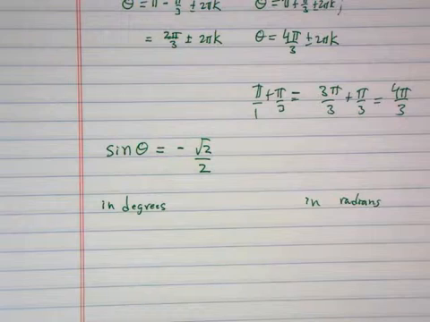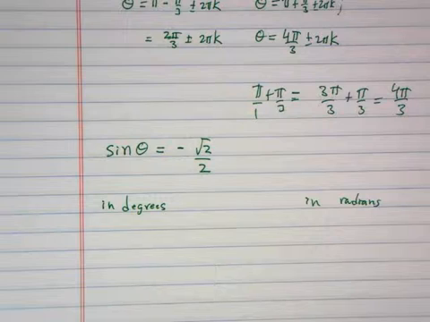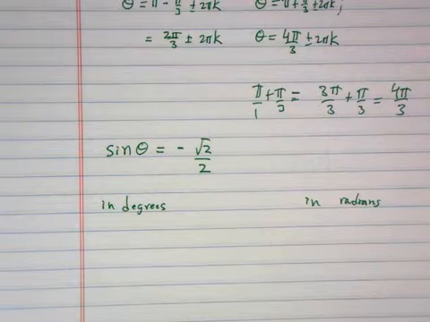All right. What do you do? Pi over 4 is the reference angle. Which quadrants do we need to go to? 3 and 4.